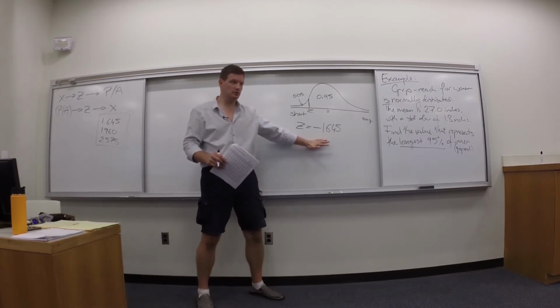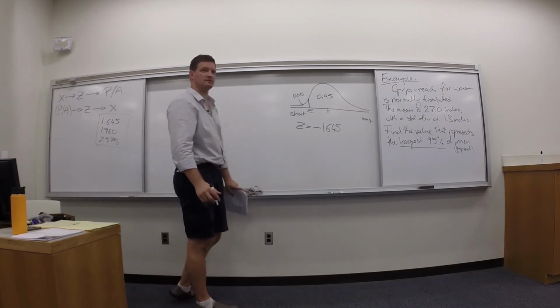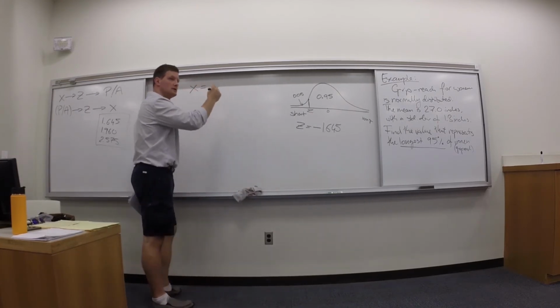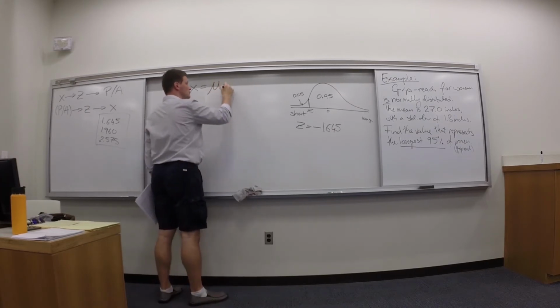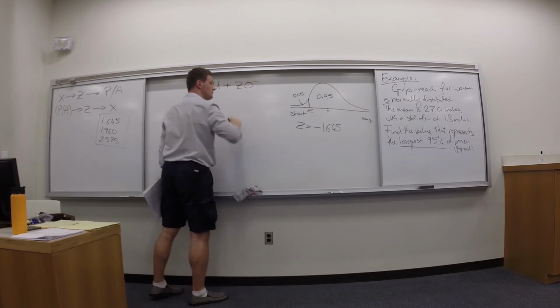Yes? Everybody good? Okay. So we have the z-score, now we need to find the value. We remember from Wednesday that the value equals mu plus z times sigma.